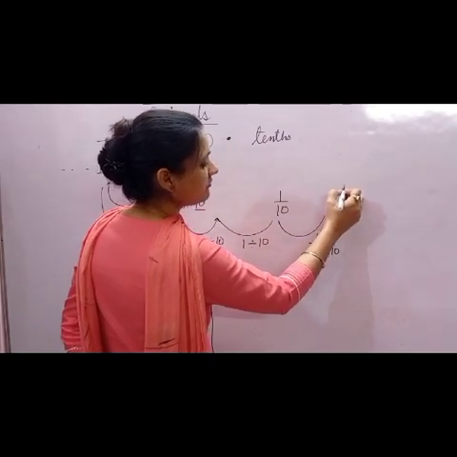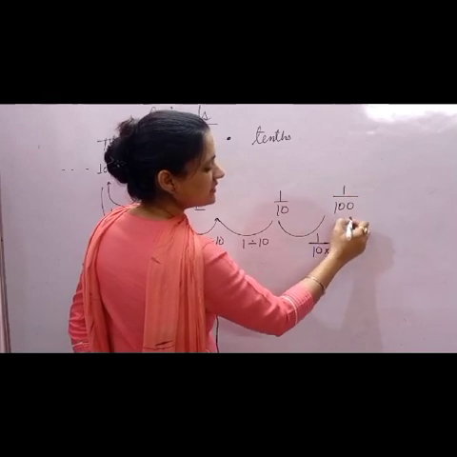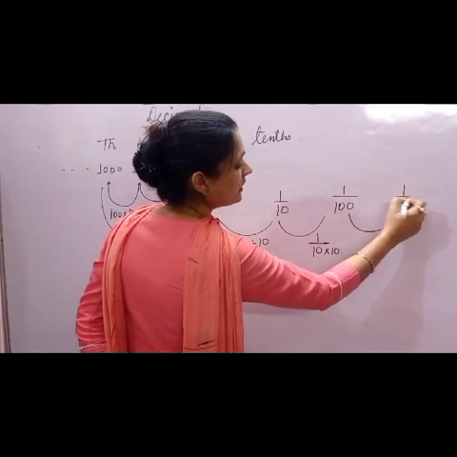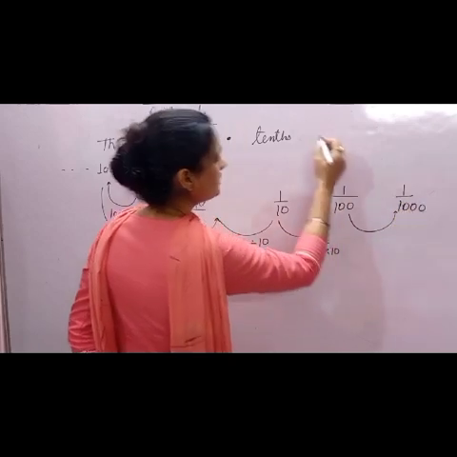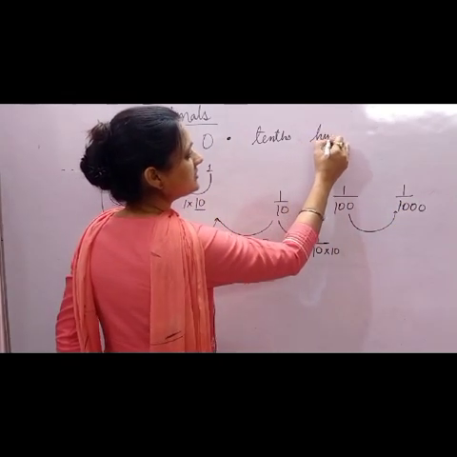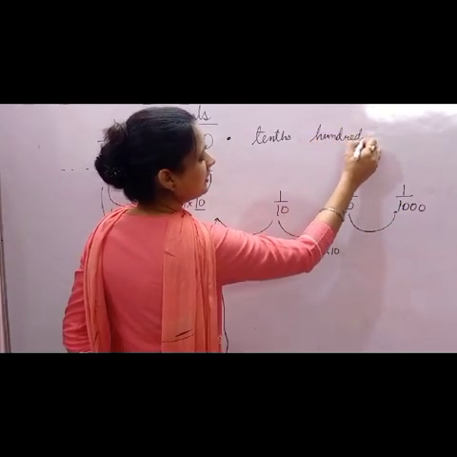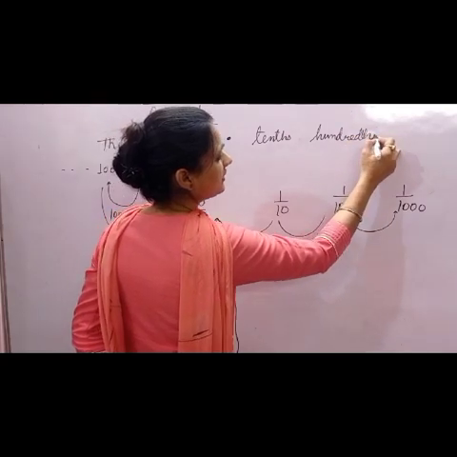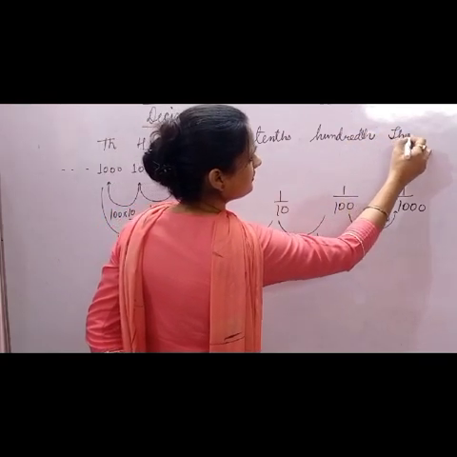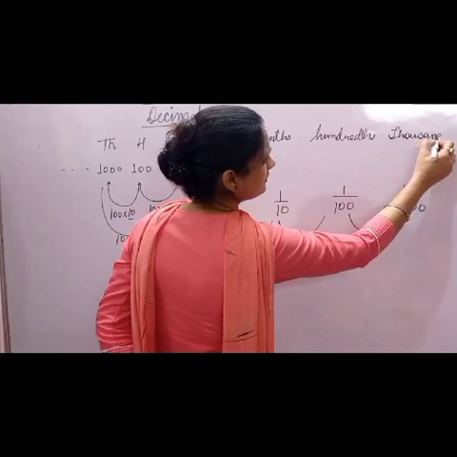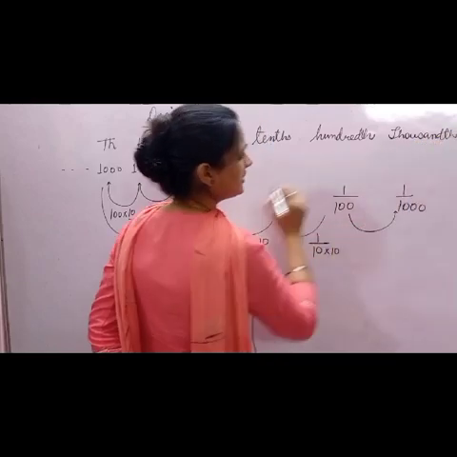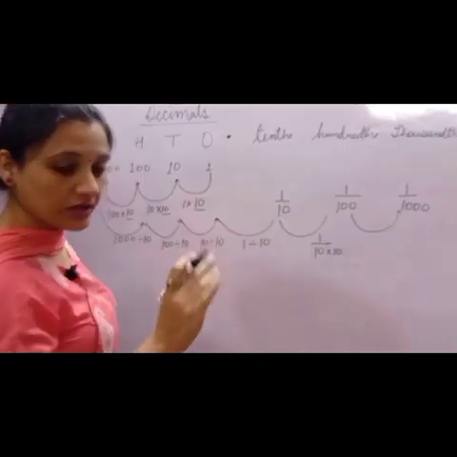So the next place becomes 1 by 100. Similarly, the next place becomes 1 by 1000. So here it is tenth, then next is hundredth, right? And then it is thousandth, right? So I hope you understood.